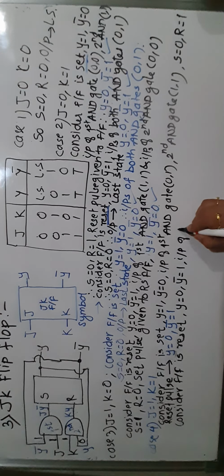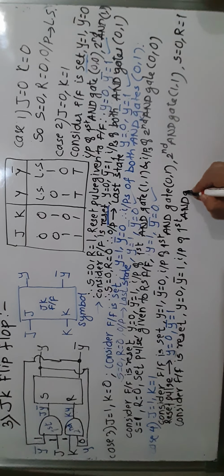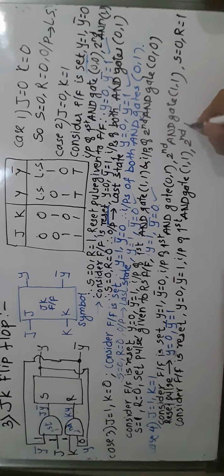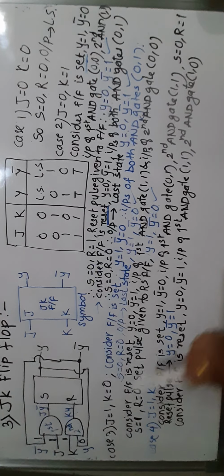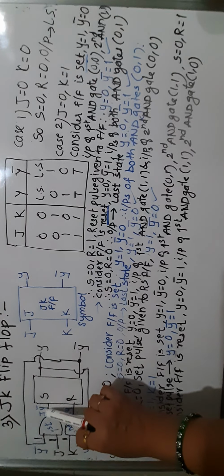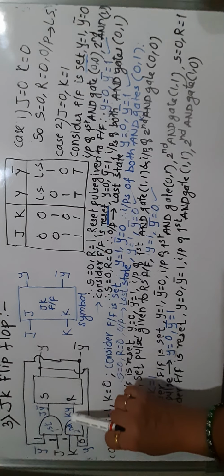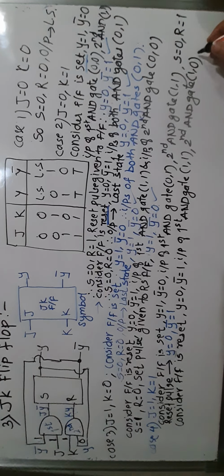So input of first AND gate is 1 1, and input of second AND gate is 0 1 or 1 0. So it is clear the output of first AND gate will be 1 and output of second AND gate will be 0. So S will be 1, R will be 0.